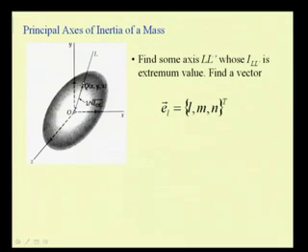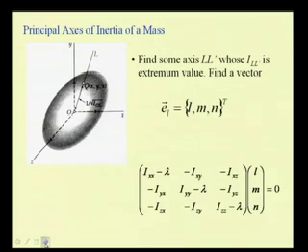If we assume that the second moment of the mass reaches an extremum for a given axis, say L prime, then we are interested to find the direction cosines, and if let us say L, M and N are the direction cosines of that vector, we write the inertia matrix times this direction cosine vector, that is L, M, N, should be 0 for some values of this lambda.